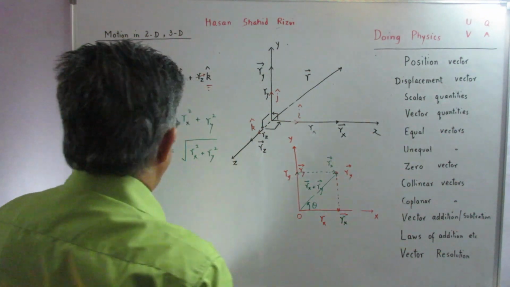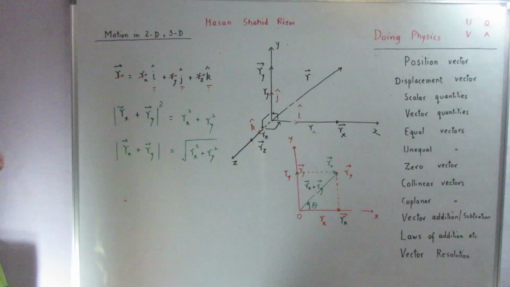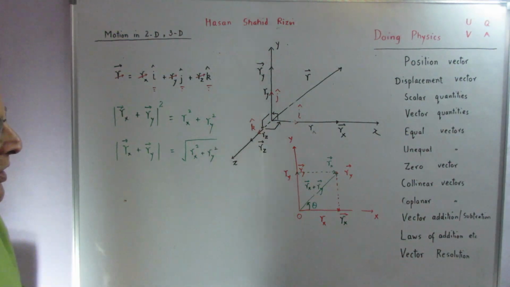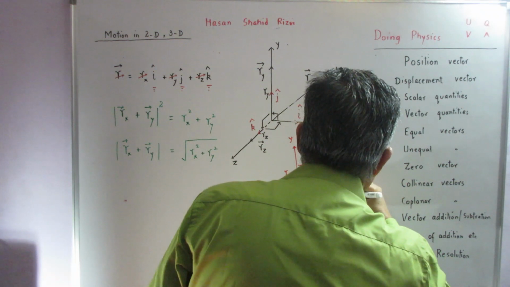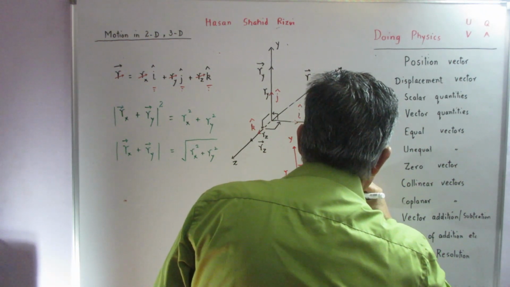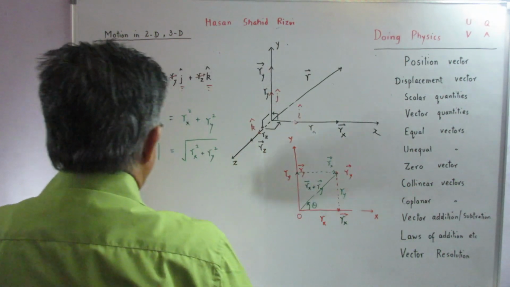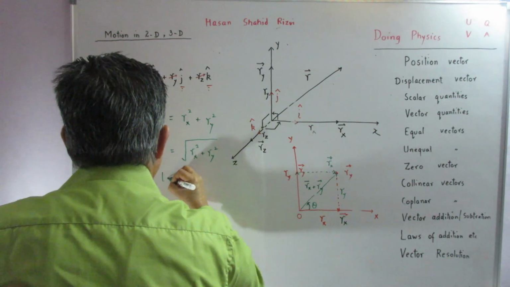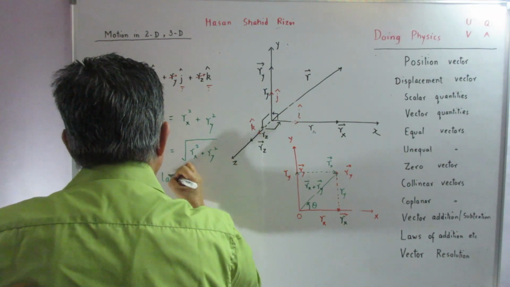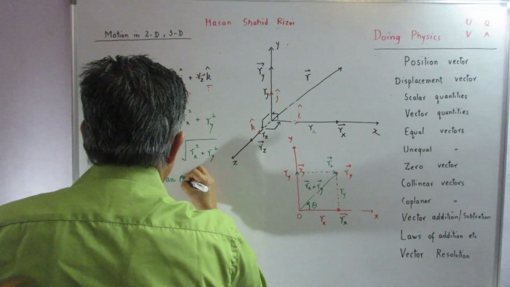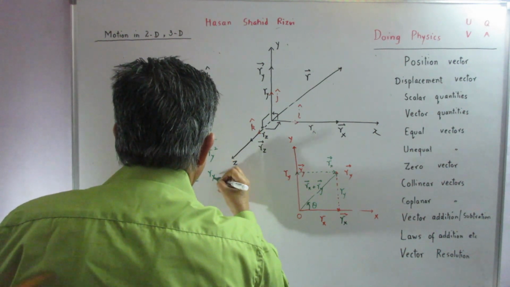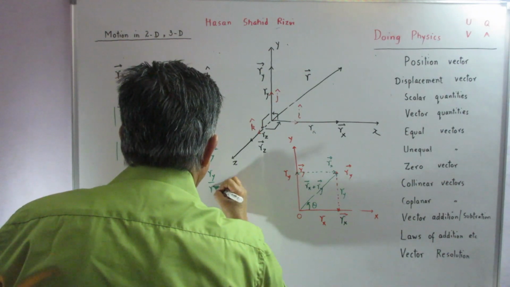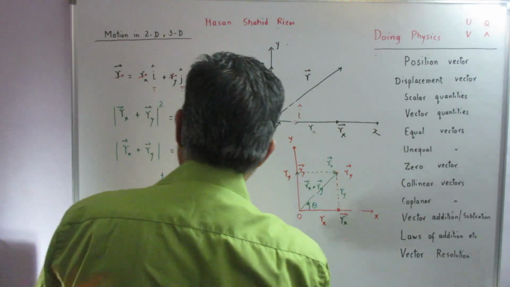Okay? And also from here, because this is Rx and this is Ry, you know from the trigonometrical definition that tan of the angle theta is equal to Ry, the magnitude, divided by Rx, the magnitude.